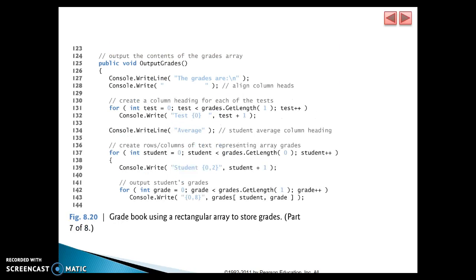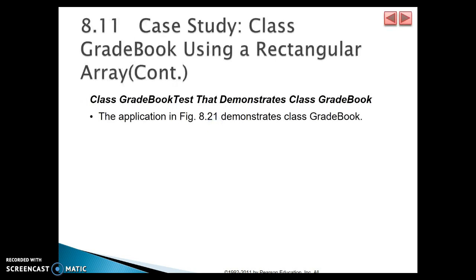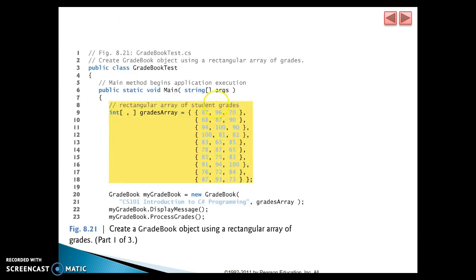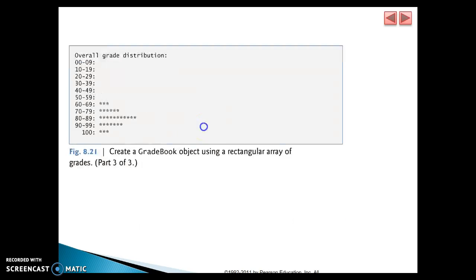We're not going to spend a lot of time on this example. We've talked about arrays quite a bit. Here's the data. Each row is a student. Each column is test number 1, test number 2, test number 3. And we can figure the average, figure out which one's the lowest, figure out which one's the highest.